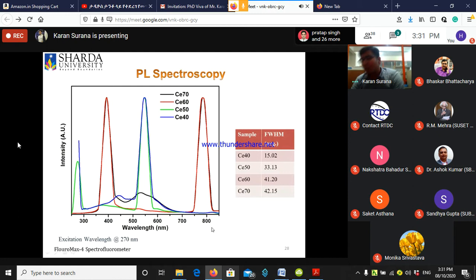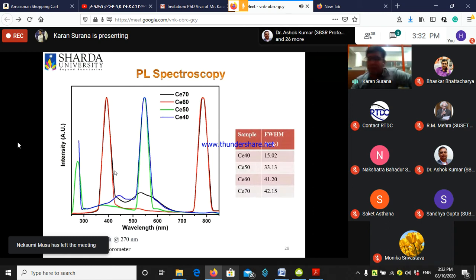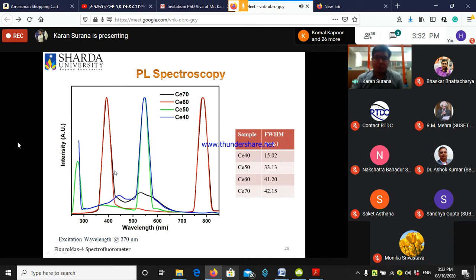Next, the photoluminescence spectroscopy. This is for the 4 QD sets which we prepared. Each of the QDs shows 2 emission peaks. The excitation was at 270 nanometers, and we can see emission in the UV visible as well as in the near IR region. Also, the emission peaks are quite uniform, which shows that the prepared QDs should have a narrow size distribution.